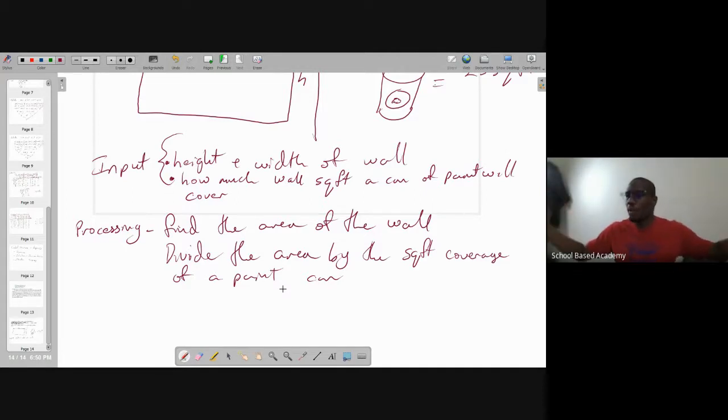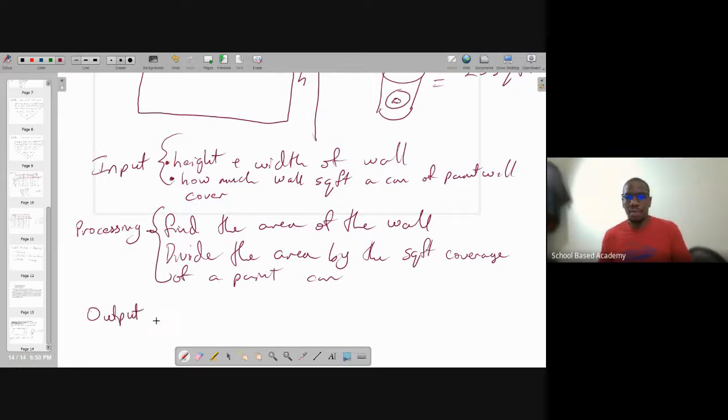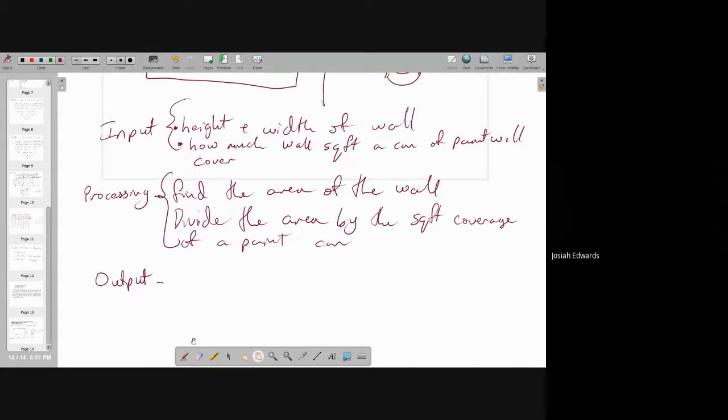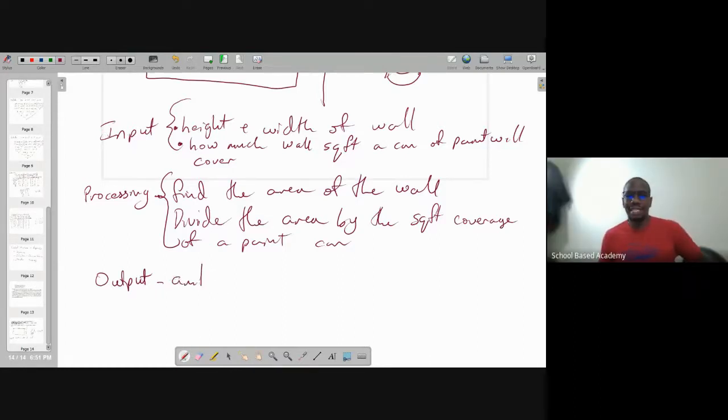And then once we know how much wall we have to cover, we have to divide the area of the wall by the amount of square feet that we know one paint can will cover. And then what would be the output of this program? The amount of paint cans needed to paint the wall. Right. So we have the amount of paint cans needed.